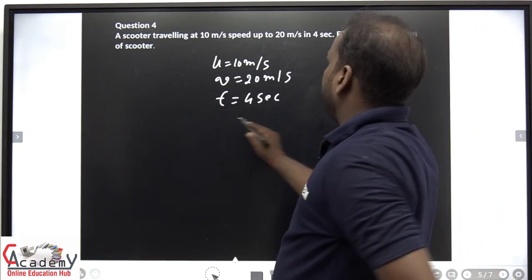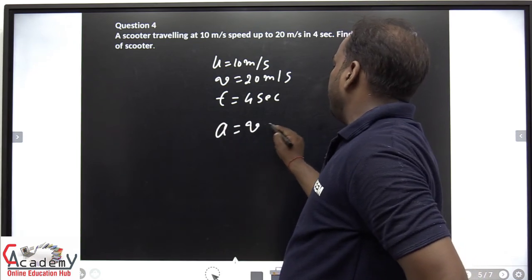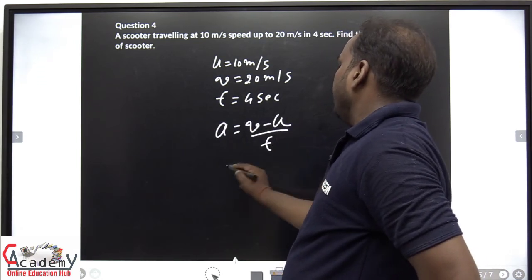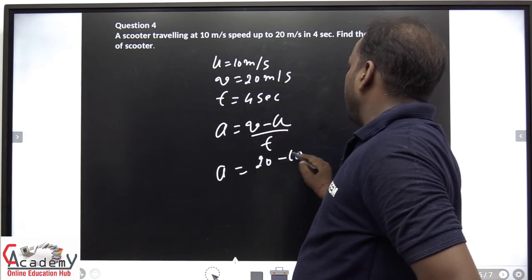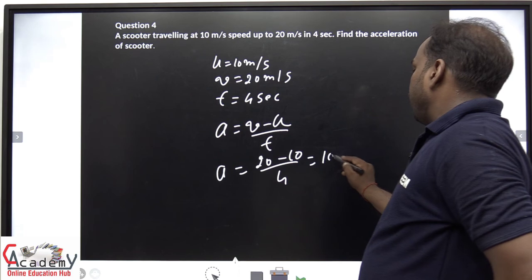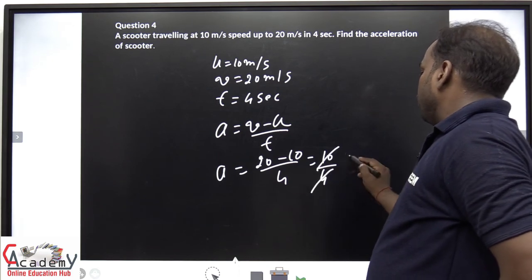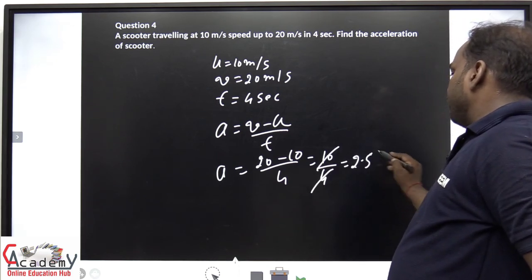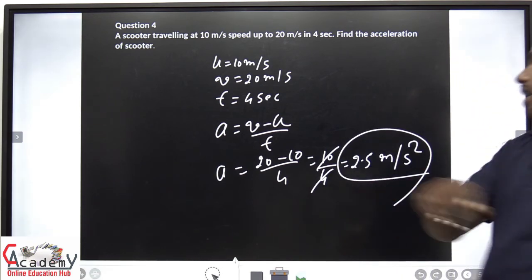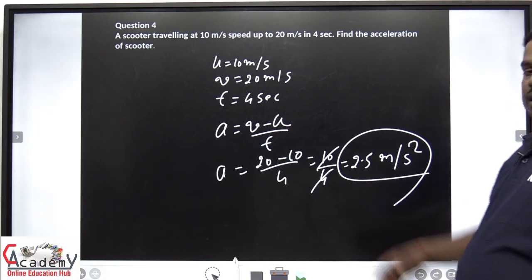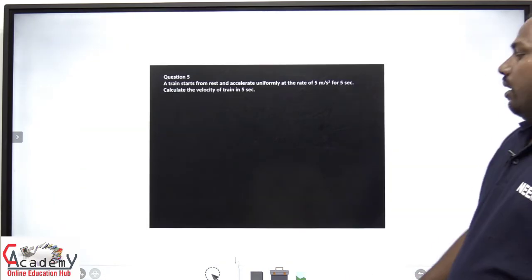Then find the acceleration. So a is equal to v minus u upon t. a is equal to 20 minus 10 upon time 4. 10 by 4 cancels out, 2.5 meter per second square. That is your answer. Is that clear? Note down. Next.